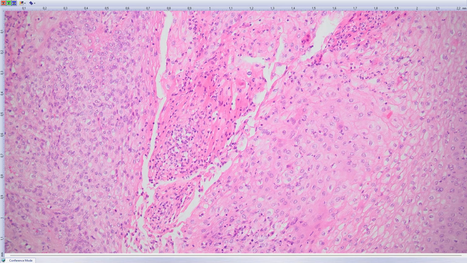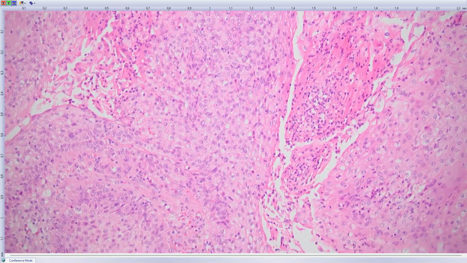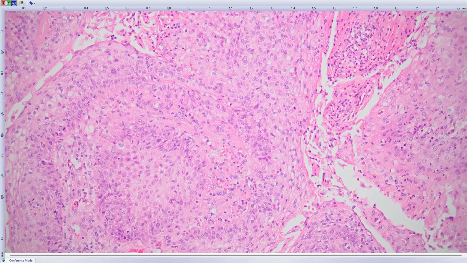There is some atypia, but just maybe because of the inflammation there.